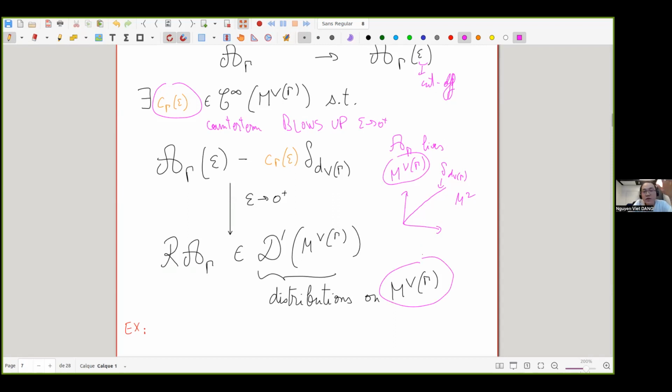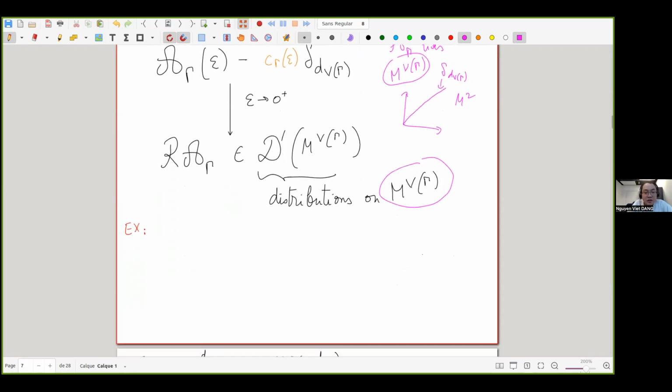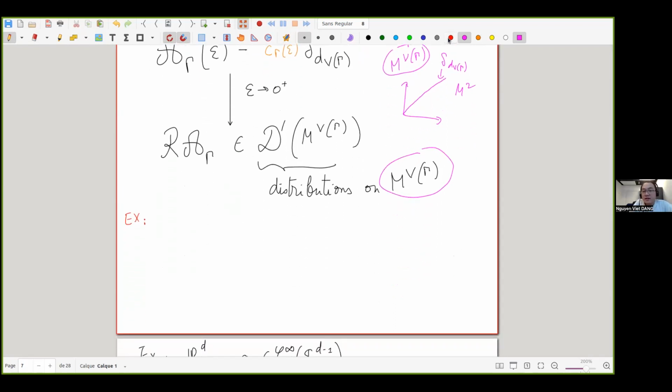So let me give you an example. I'm sorry if this definition and this formalism is a bit heavy. When d equals 3, for instance, if you consider this graph here, this graph is convergent. You can see, if you look at the criterion here, the Betti number B1 equals 1.